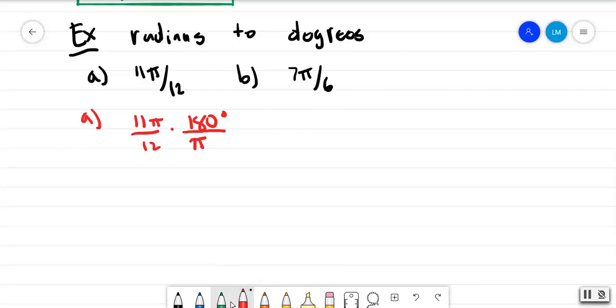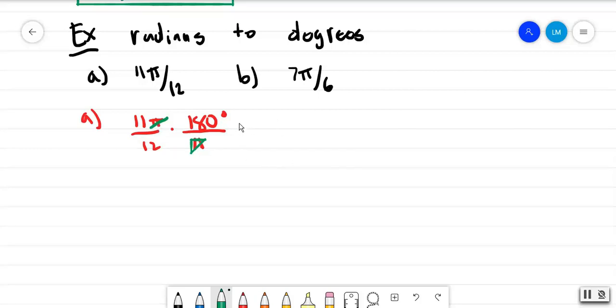Now, this is where you would obviously reduce as best as possible. So we know that the pi's cancel out, but then notice that you have the 12 into 180, which in this case, 180 divided by 12 is 15, and then multiply that times 11, and you should get 165.